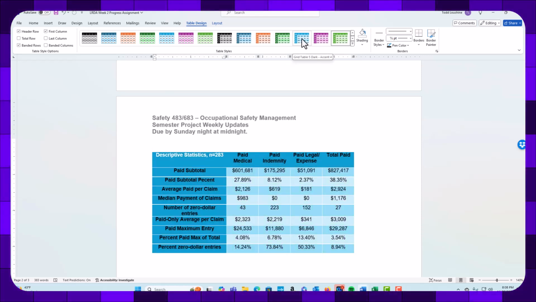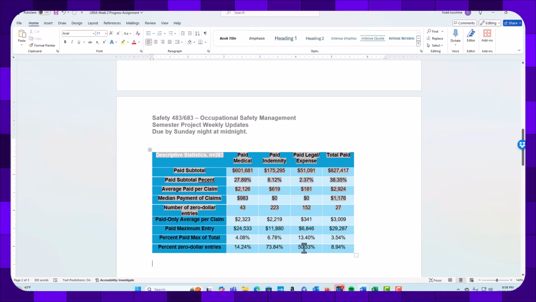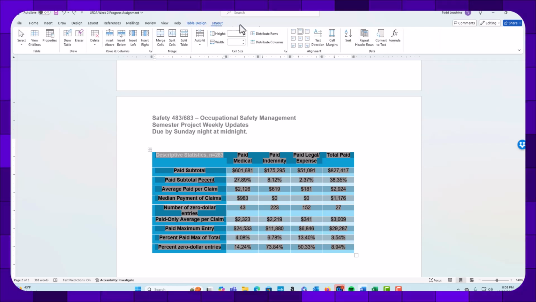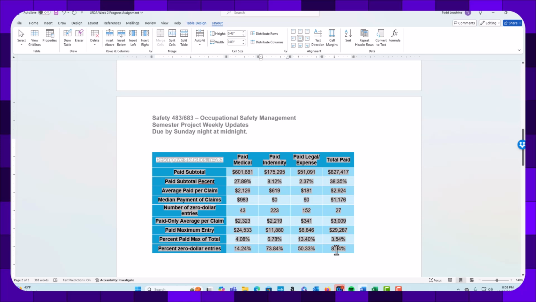Oh, I can. Ooh, pretty. I don't know why it's doing that. All right, I'm going to highlight this. Table design, layout, center everything. Why are these things highlighted?